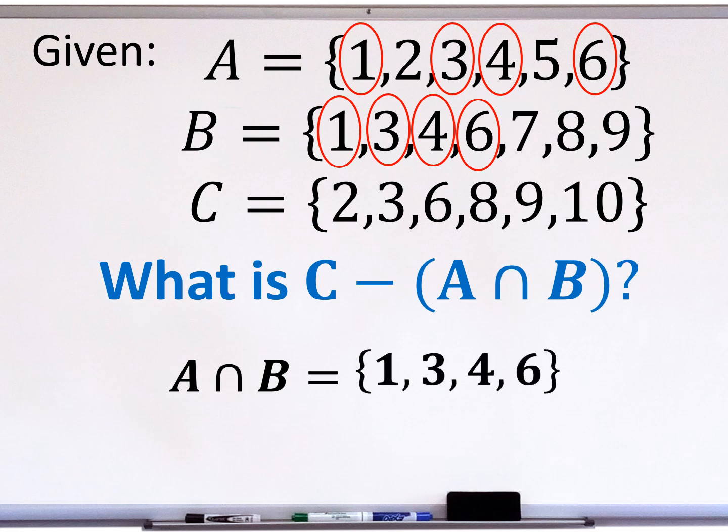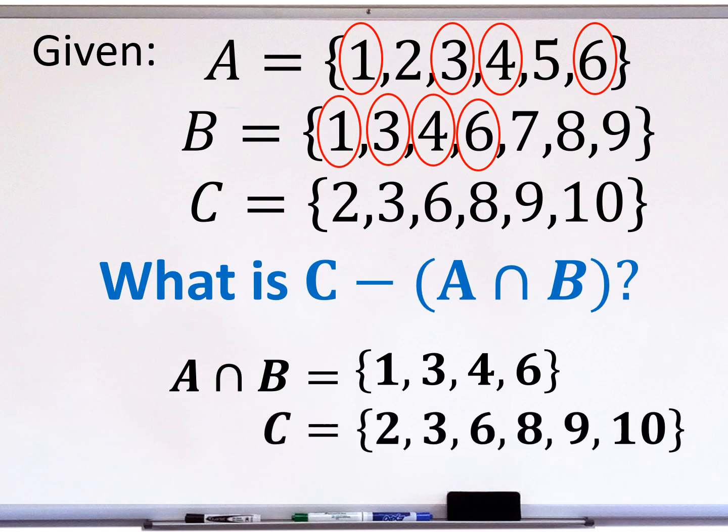After that one, we can now, therefore, get the difference between C and this number. Okay? So, ibig pong sabihin yan, we are going to identify the common elements between set C and the set containing the numbers 1, 3, 4, and 6. And so, we all know that set C contains the numbers 2, 3, 6, 8, 9, and 10. Therefore, eliminate the common elements between the two sets.